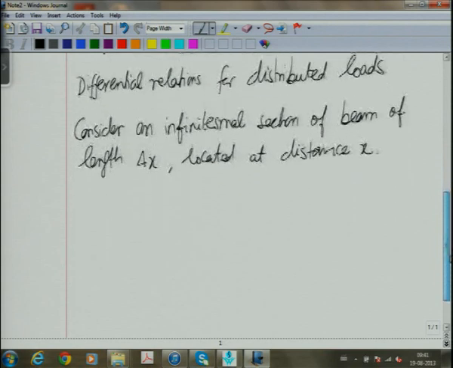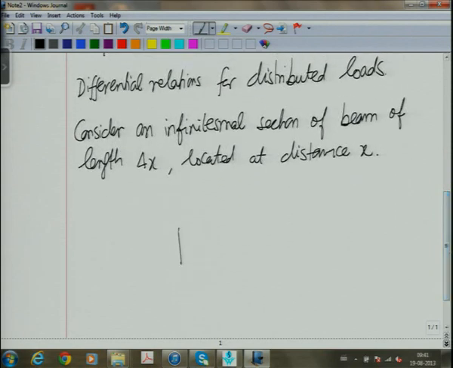So let us show this section. This is a blown up view. The loading on the top of this section is W of x. Now we are neglecting the weight of the beam.